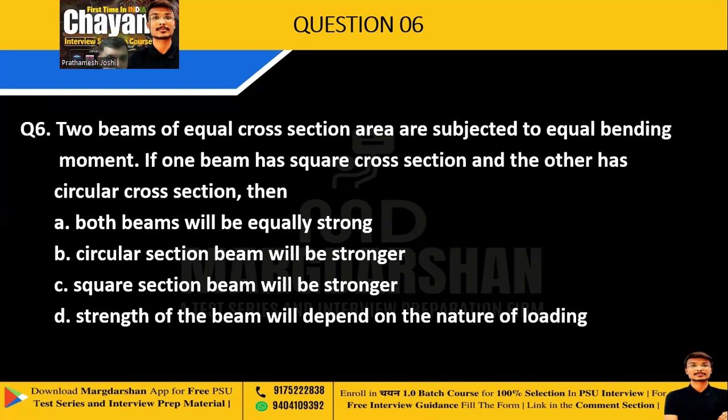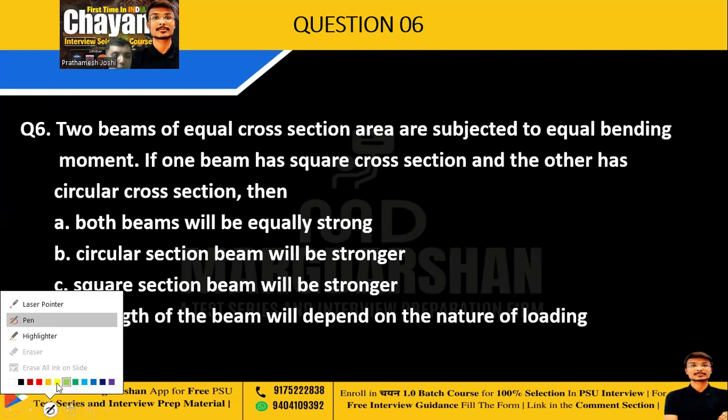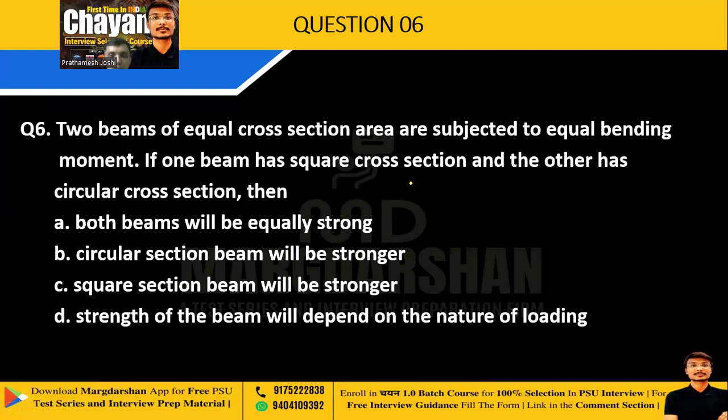See, for the stronger criterion, we have to check the section modulus Z. For the square, it is a cube by 6, and for the circle it is pi d cube upon 32.